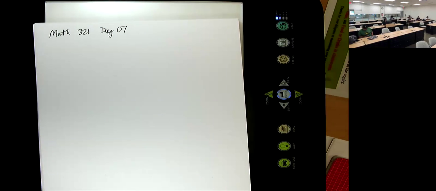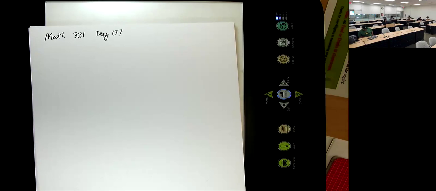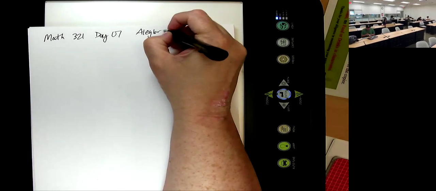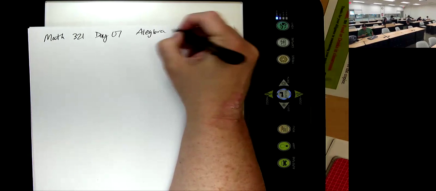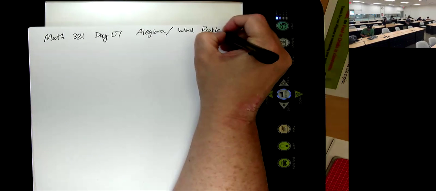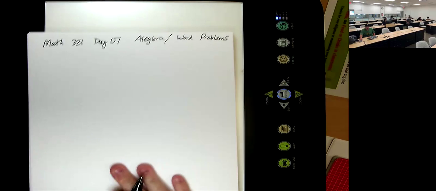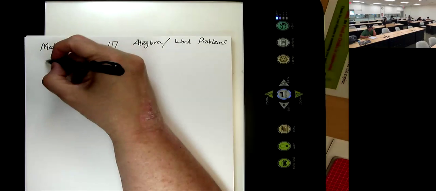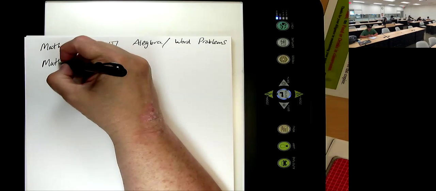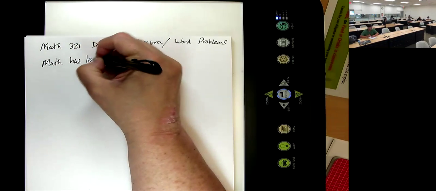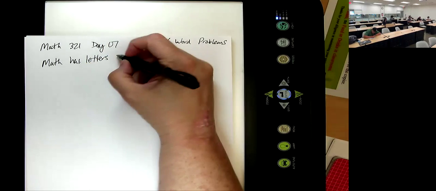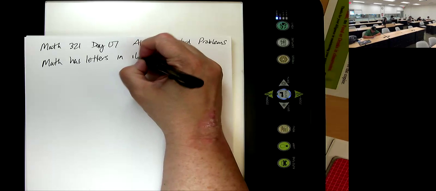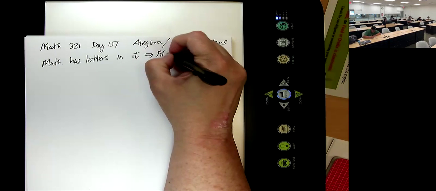Content, this is day 7, alright. We're gonna hit on some algebra stuff and some word problems. Like reading them, because this class is filled with word problems. So math has letters in it, as soon as you're out of lower arithmetic stuff. Math has letters in it, this is algebra.